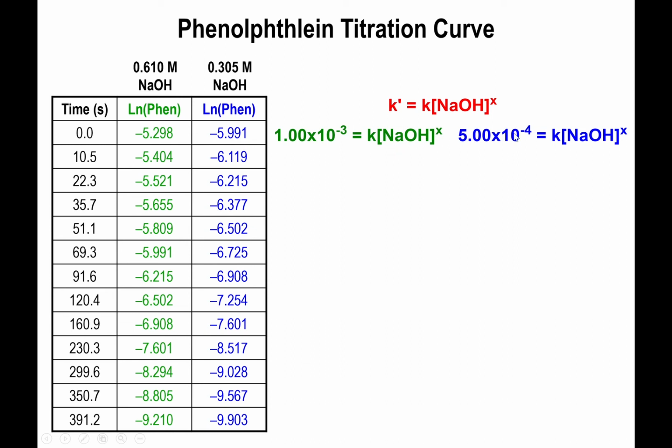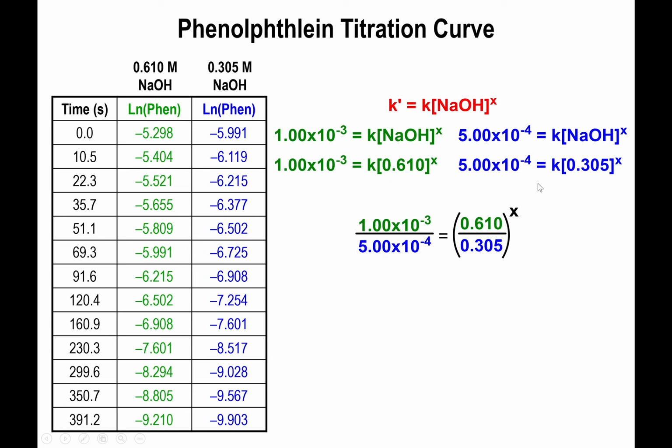And for runs 1 and 2, we actually know the concentration of hydroxide, 0.610 molar for the first run and 0.305 molar for the second run. So you could input those values right here, and technically speaking, all you need to do is take the ratio of the pseudo rate constants.